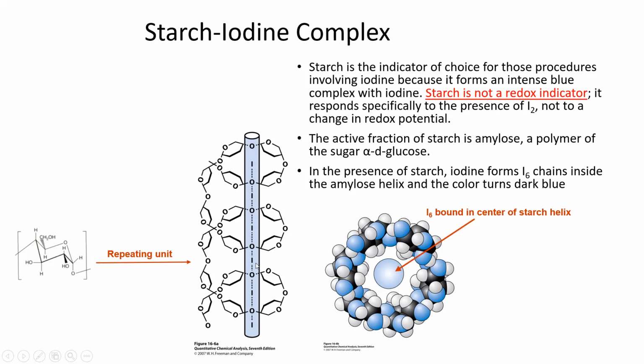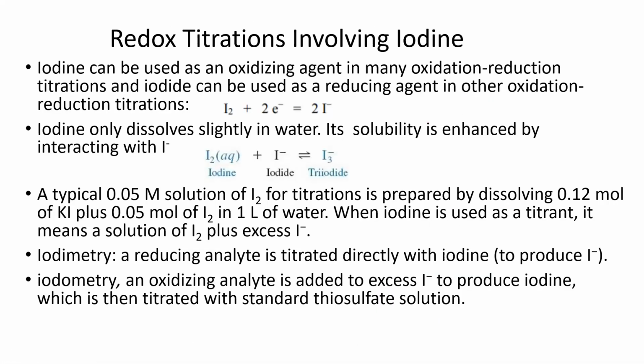The helix is formed with the starch, and you see your iodine at the center. So this is your iodine chain within the starch chain, and that will give you the color when you have excess iodine that has not reacted.